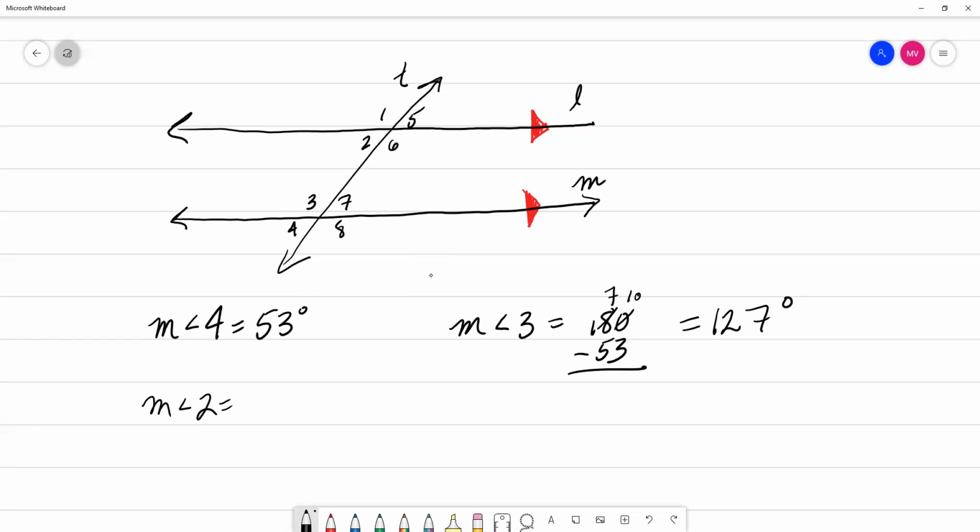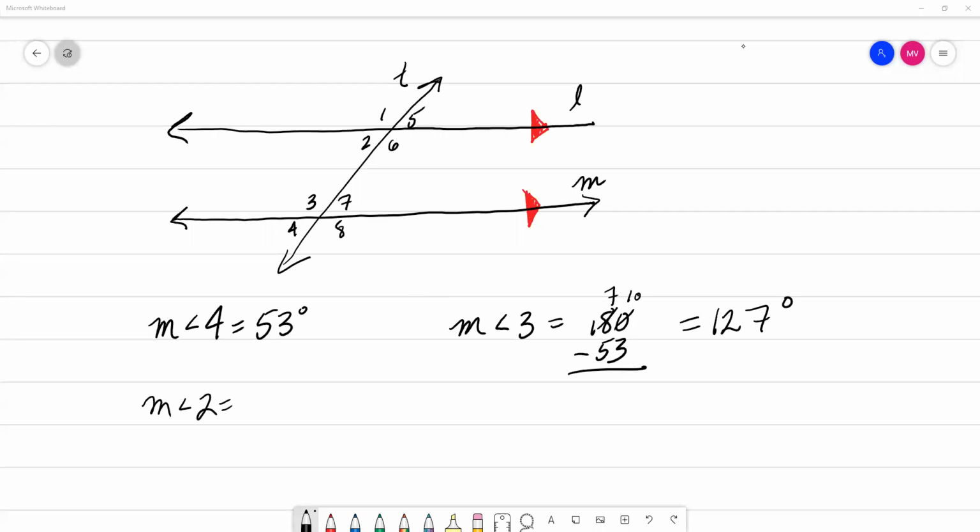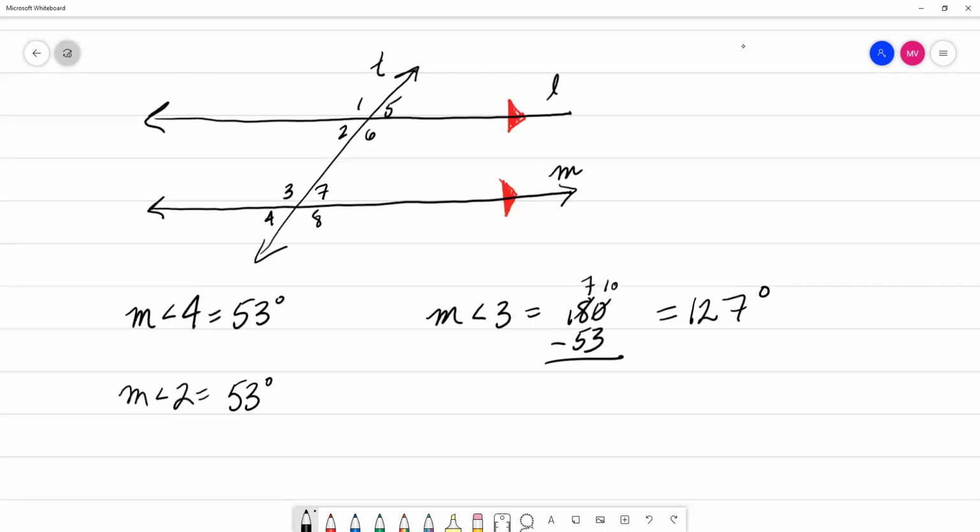This is what we've been talking about. They're congruent. They're the same. Corresponding angles, when you have parallel lines, are the same. So if angle 4 is 53 degrees, what is angle 2? 53 degrees. Yes.